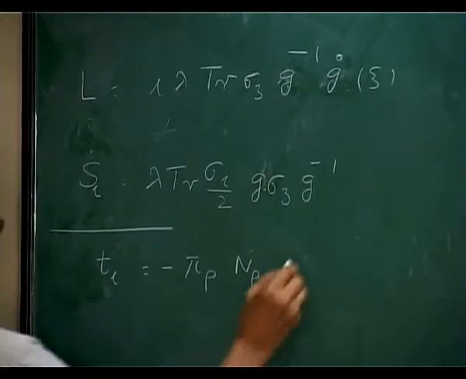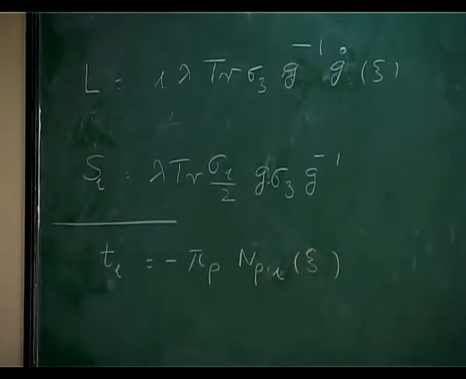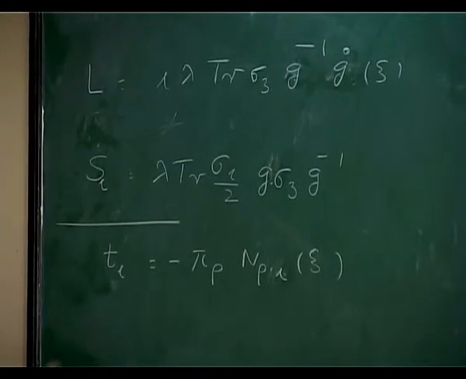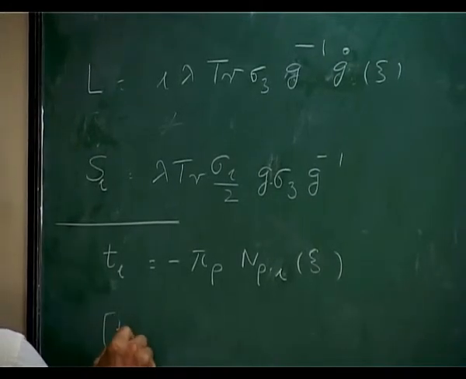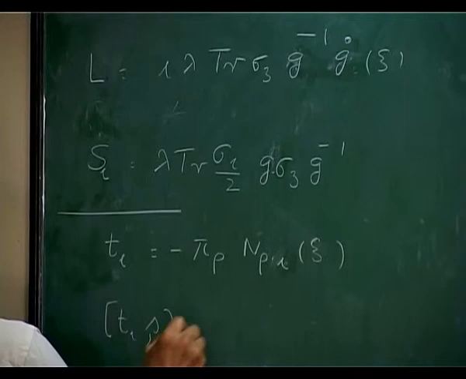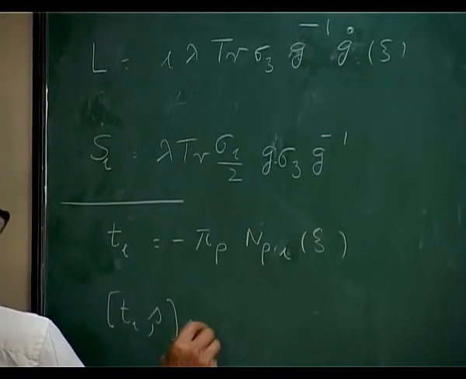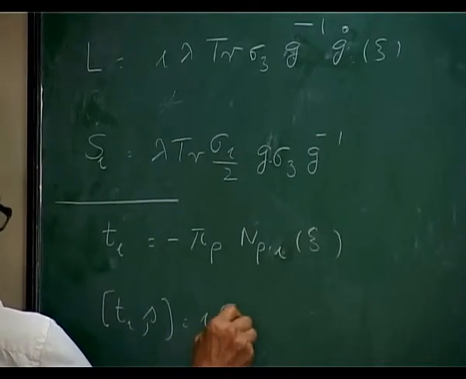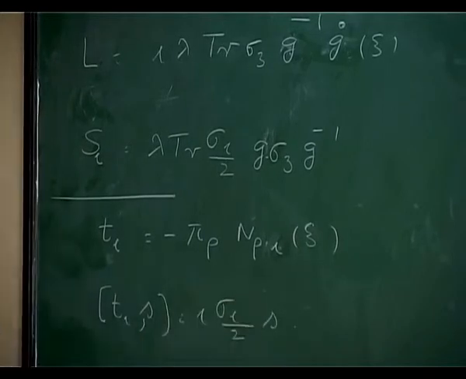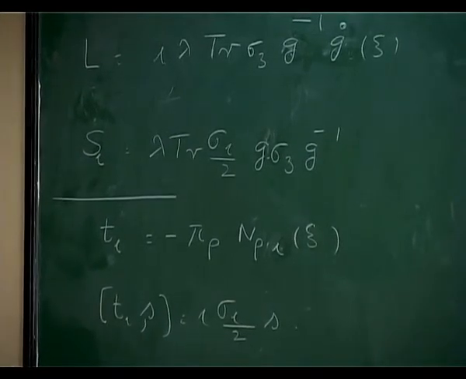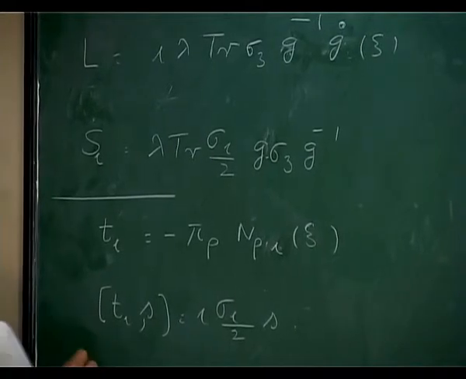So this is a function of psi. This always exists. And we found that this T_i with S, the Poisson bracket, was i sigma_i over 2S. This is an important equation.